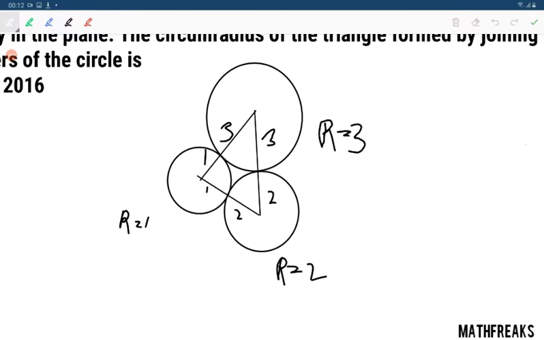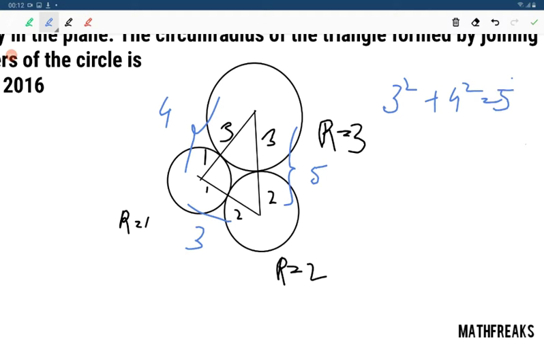What can you infer about this side? This side is having length 4, this side is 3, this side is 5. Now this is a common Pythagorean triplet. 3 square plus 4 square equals 5 square, which implies that this angle is 90 degrees.